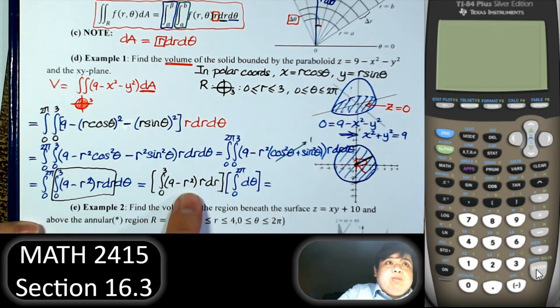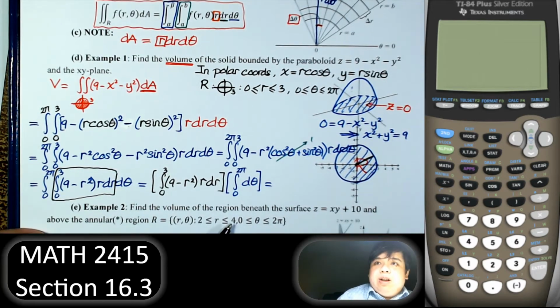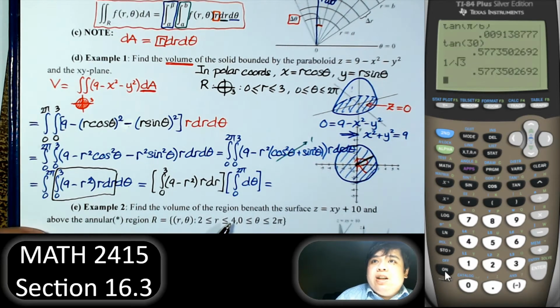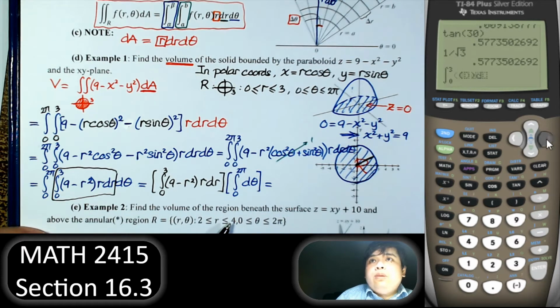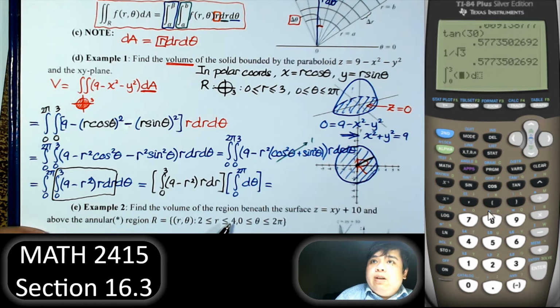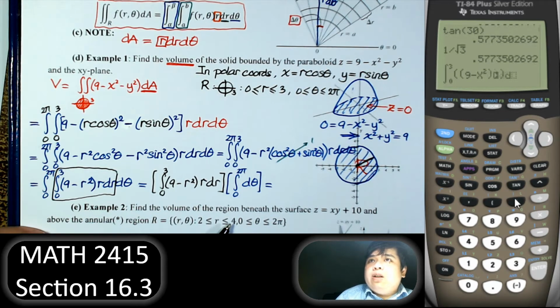I'm just going to put that in the calculator because I'm running out of space. Integral from 0 to 3, and we have 9 minus, I'm just going to use x instead of r, times x dx.